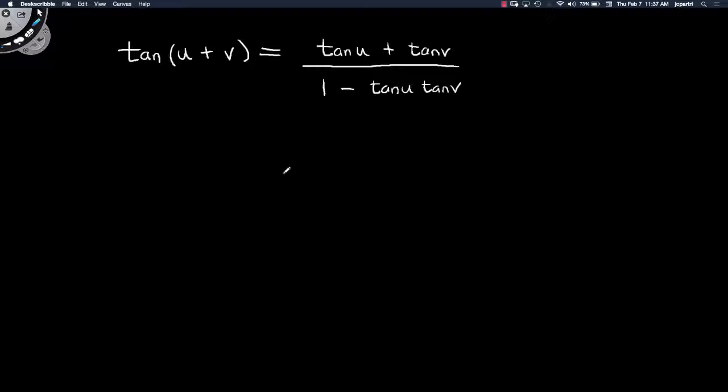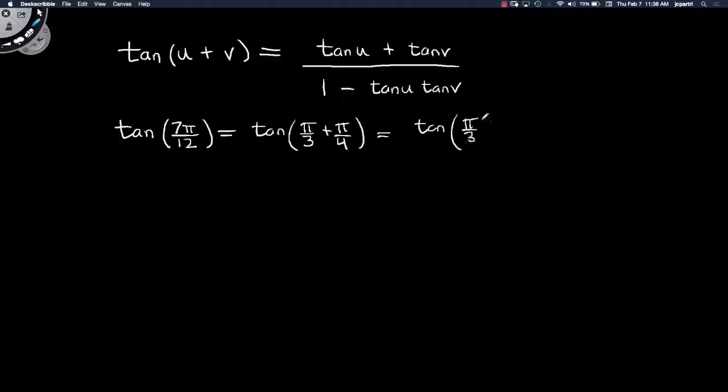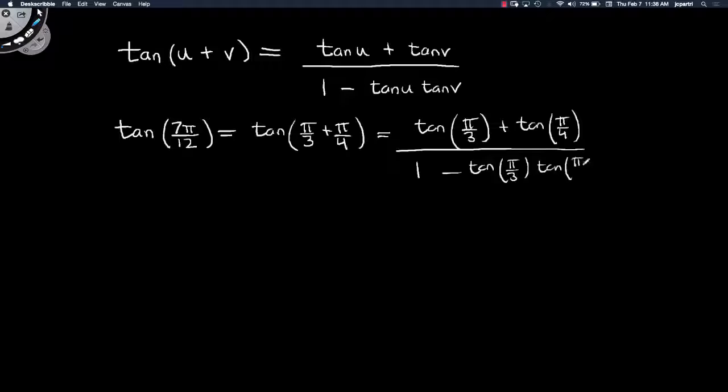So the tangent of 7 pi over 12 is the same as the tangent of pi over 3 plus pi over 4. And that's the tangent of pi over 3 plus the tangent of pi over 4 all over 1 minus the tangent of pi over 3 times the tangent of pi over 4.